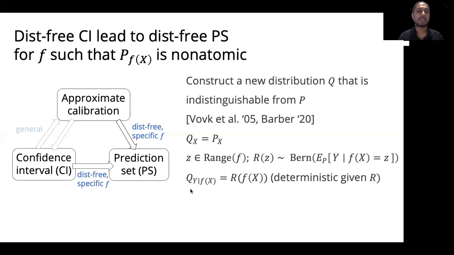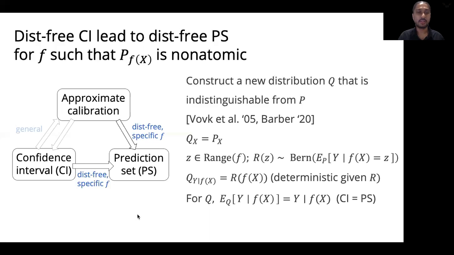So basically Q is now no longer a distribution, it's a fixed value which is given by R(f(X)). So it's deterministic given R. So Q given a value of f(X) is just either 0 or 1 deterministically.